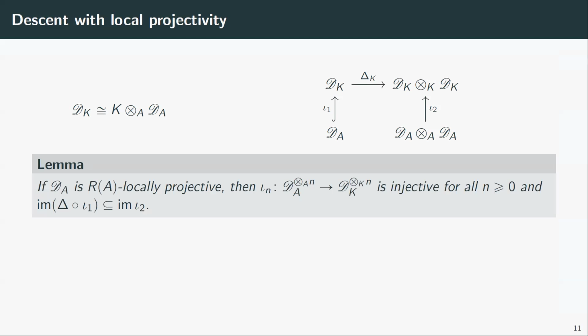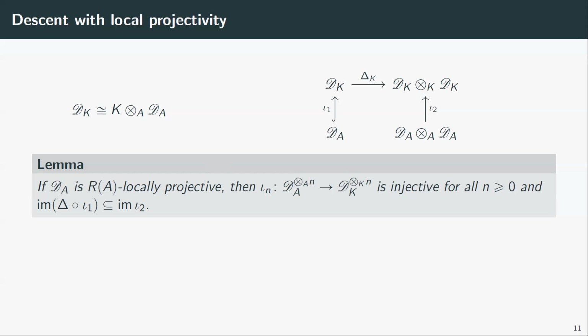So if dA is ROV locally projective, then all the induced maps iota n from dA tensor n times to dk tensor n times are injective. And we also have that the image by delta after iota1 is contained in the image of the tensor product.